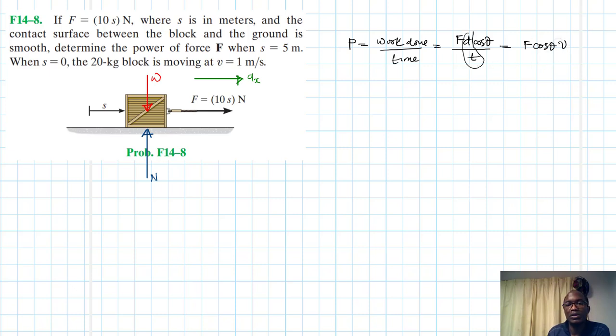Because this is some speed. So we need the final speed there. Then with this particular force, we are able to find the power, which is the rate at which energy is released to this particular object.